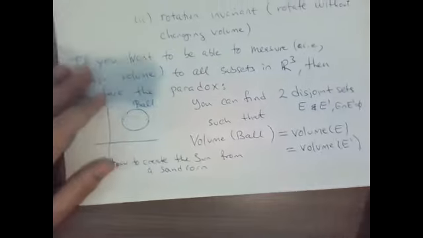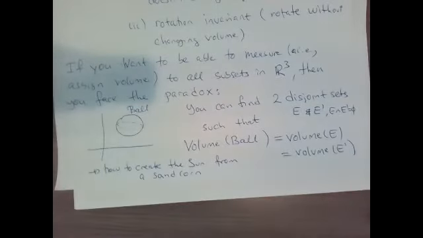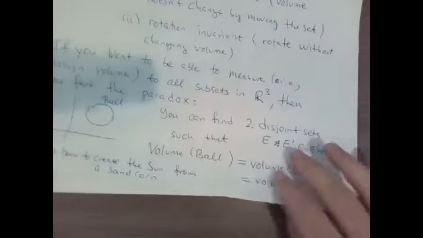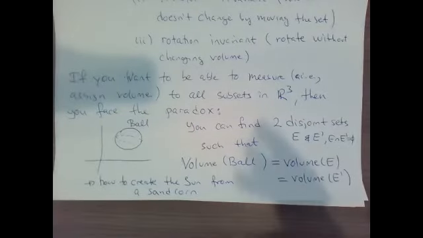So you take an itty bitty little piece of sand, and you can crack this sand into a bunch of disjoint sets, reassemble them, and then each of these two collections of pieces of sand will have the same volume as the original sand corn. So if you can do it once, you do it again, and you keep doing it, and at some point you've created the sun out of the sand corn.